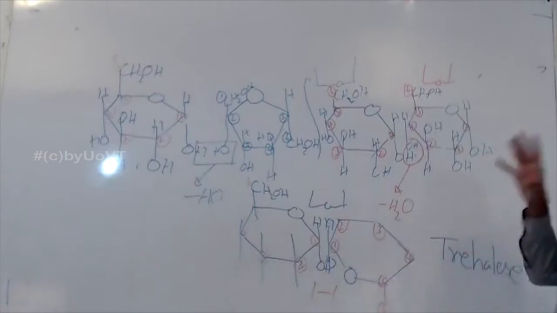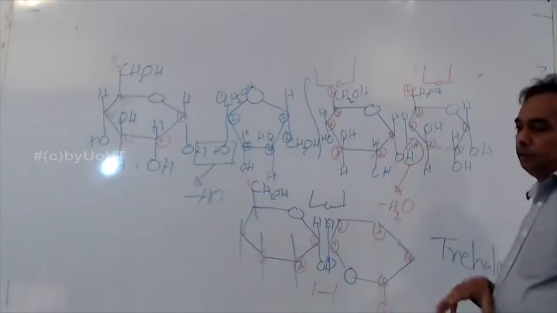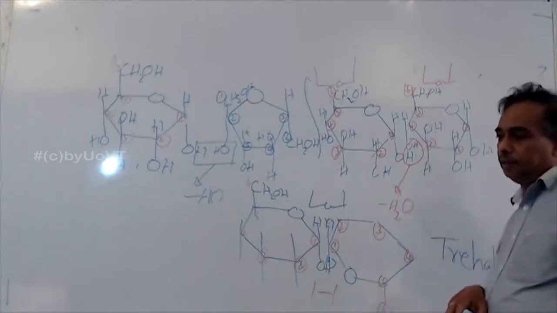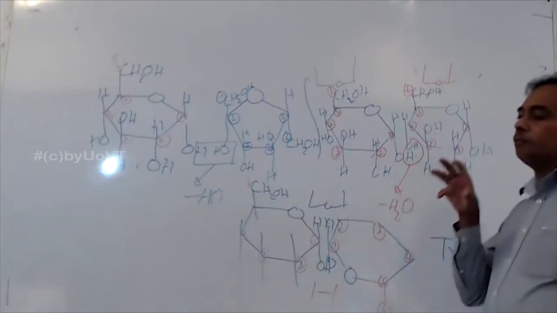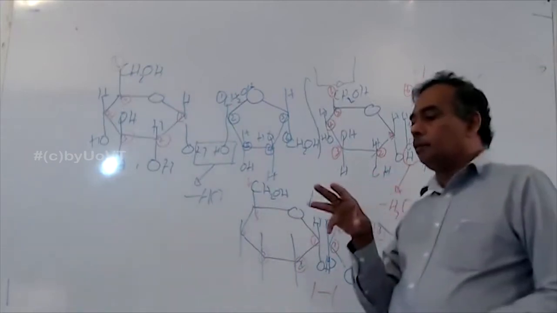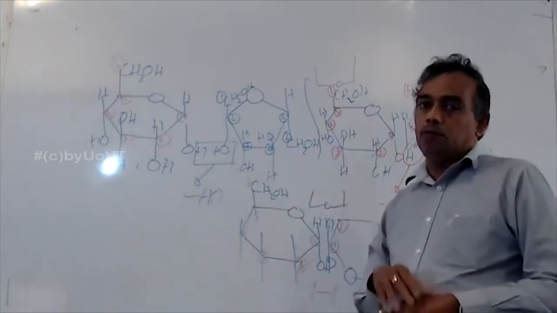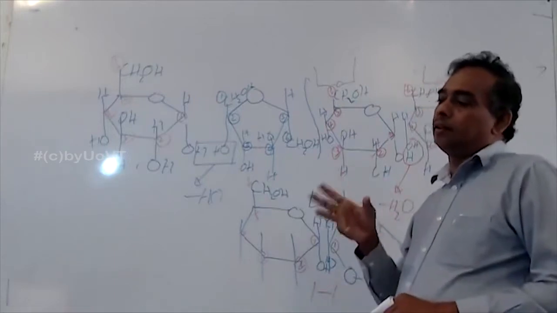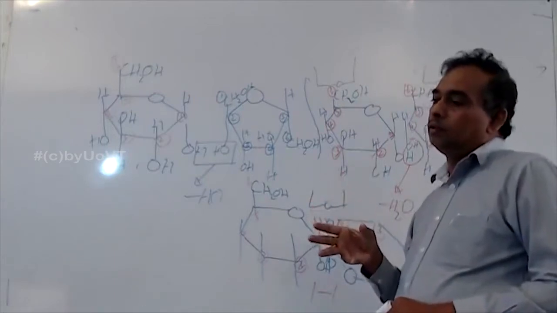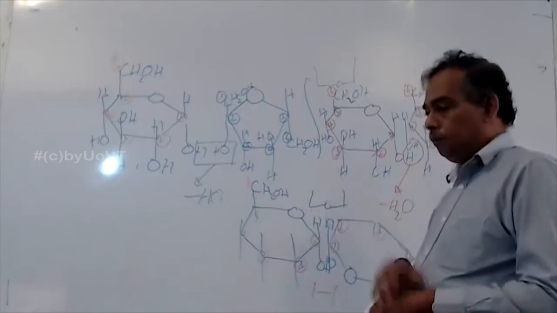Because how do you define the reducing or non-reducing capacity of a sugar, a disaccharide? First, we have to think about the availability of a free carbonyl carbon or free anomeric carbon. Very simply said, we have to think about whether a free anomeric carbon or free carbonyl carbon is available in the compound.